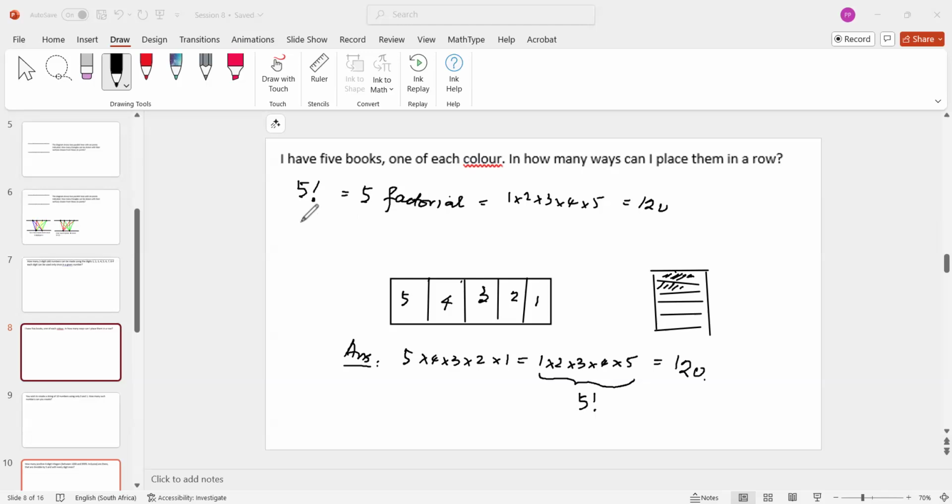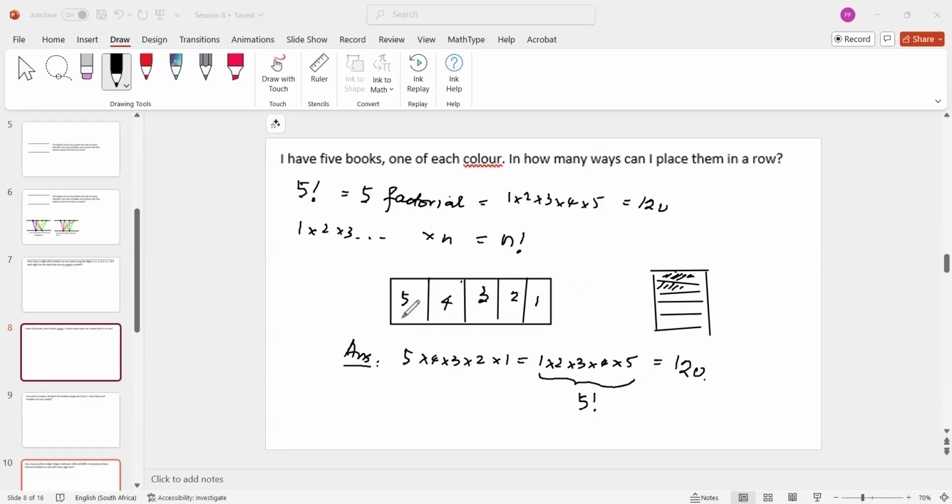So in general, you could have had 1 times 2 times 3 times 4, all the way up to n, right? And that is written as n factorial. So whenever you see anything like this, you read it as n factorial, and you must know that it's 1 times 2 times 3, all the way up to n.